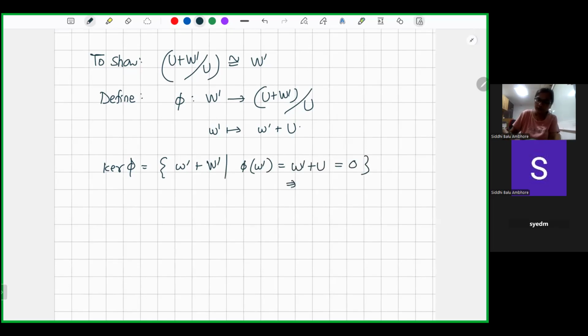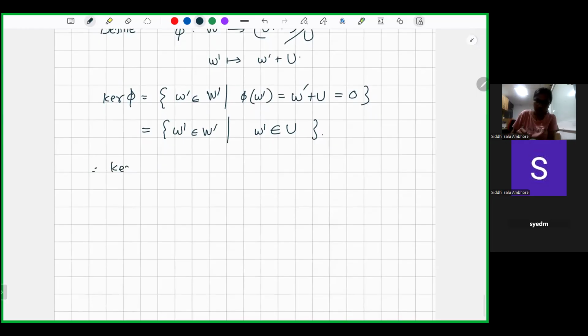But this will imply that, oops, sorry, the kernel is such that W dash belongs to U, right? That's the only way we can have this to be 0. So therefore the kernel of phi is all those W dash in W dash such that W dash belongs to U. So this is W dash intersection U, right?